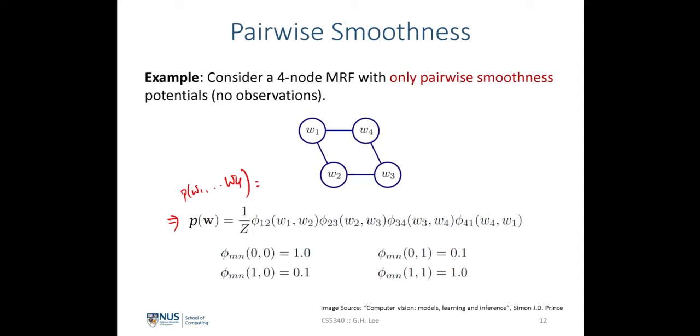And let us assign some values to this particular binary cost function that we have, or binary potential that we have over here.